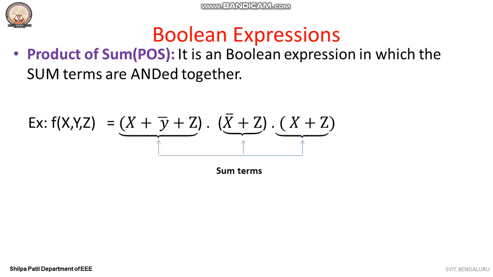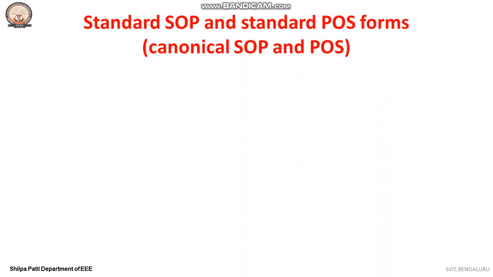All these sum terms are ANDed together, so we call this a product of sums. These are the two types.